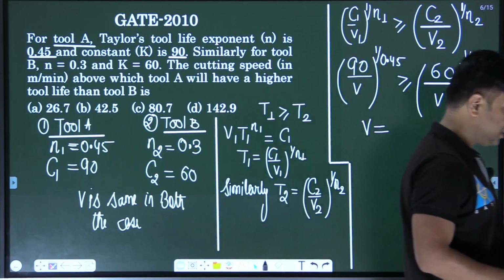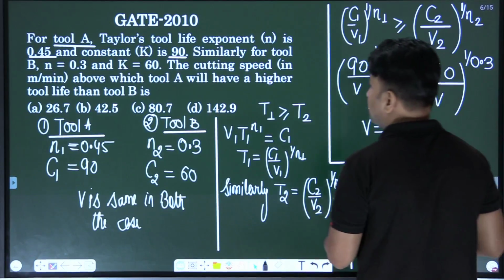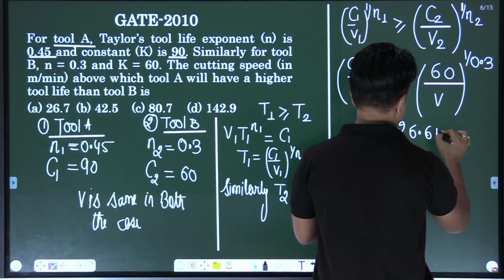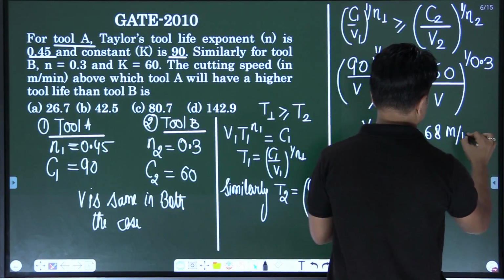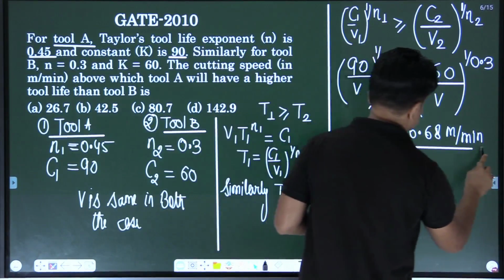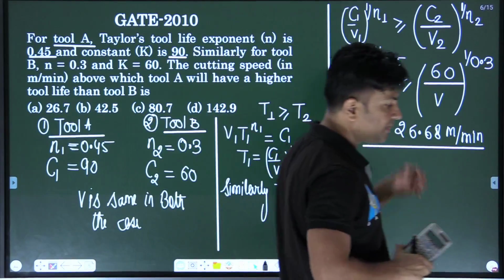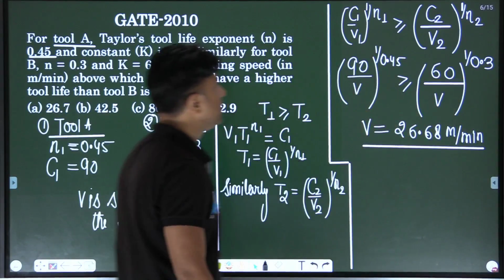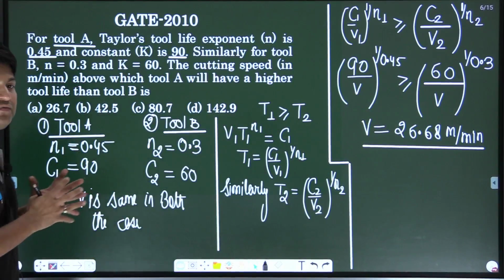The velocity will become 26.68 meter per minute, right? Got it? So this will be our answer. I hope the question is pretty clear to you. This type of question was asked many times. Now let me proceed further.